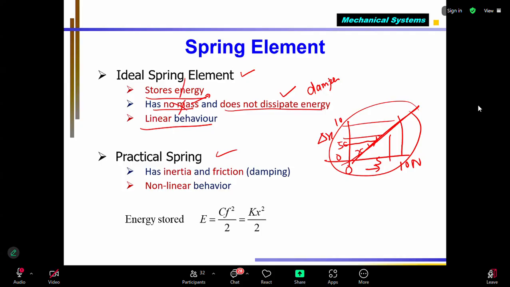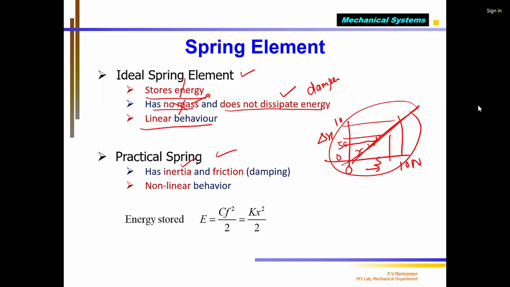That's why the practical spring has some inertia, because it has mass. And it may also have some friction or damping if the coil is moving inside a liquid or moving inside a gas. Because when we make a spring, the spring is in the atmosphere. When you compress the spring, the air is touching. Air density is very low. Still there is a small amount of friction.